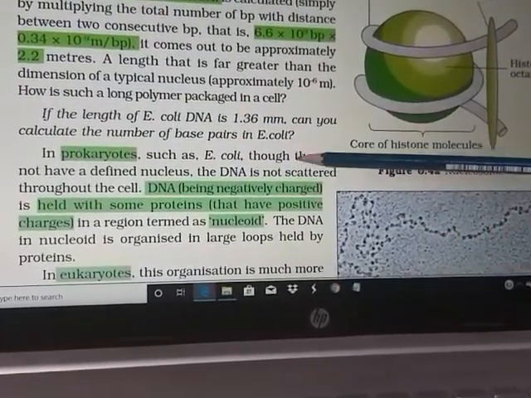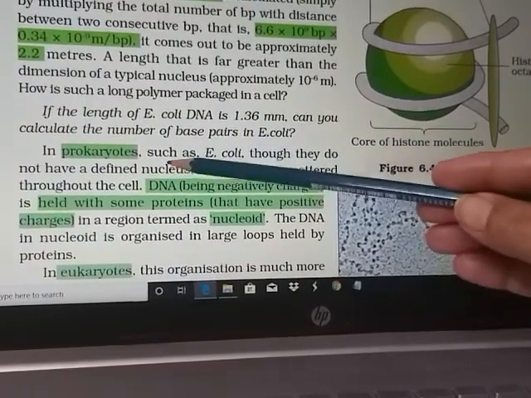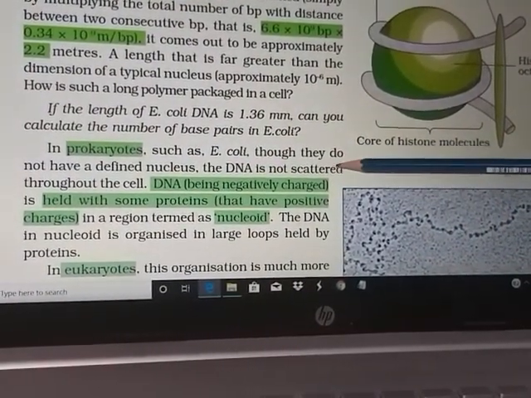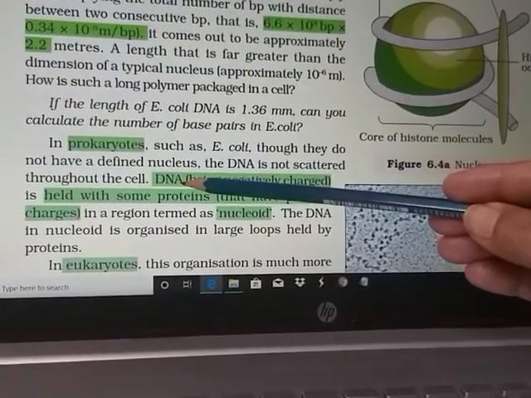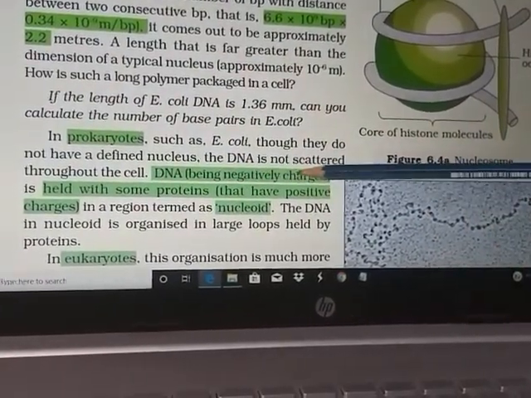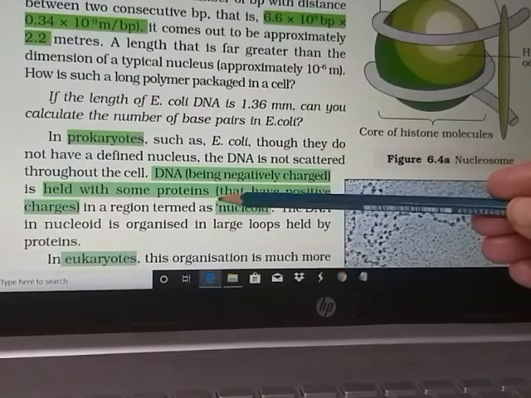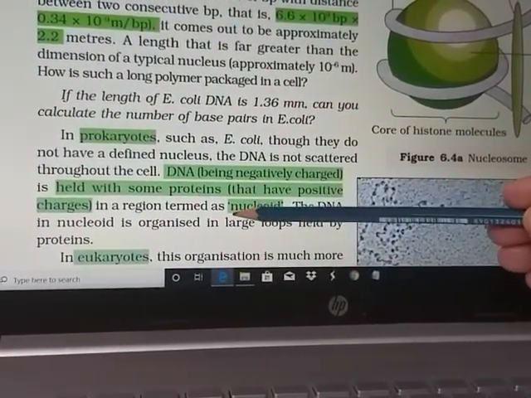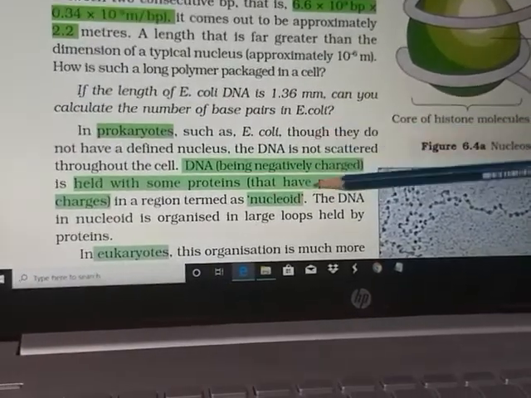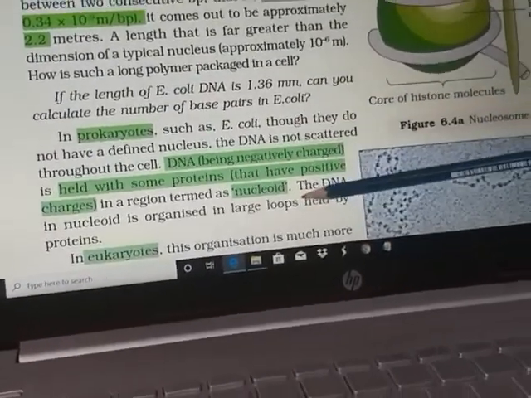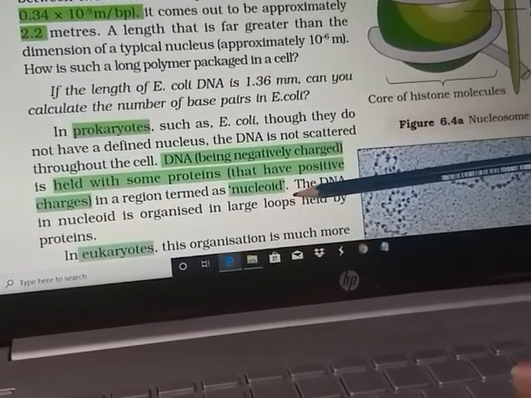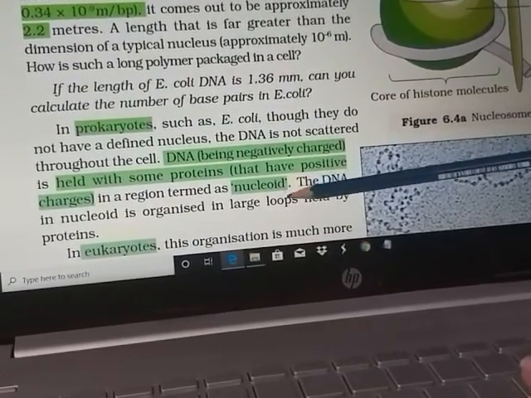In prokaryotes such as E. coli, though they do not have a defined nucleus, the DNA is not scattered throughout the cell. DNA, being negatively charged, is held with some proteins that are positively charged in the region termed the nucleoid.